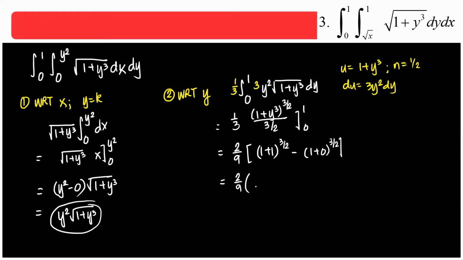This one is 2 to the 3 halves minus 1. 2 to the 3 halves is 2 squared of 2. So 2/9, 2 squared of 2 minus 1. This is your final answer.